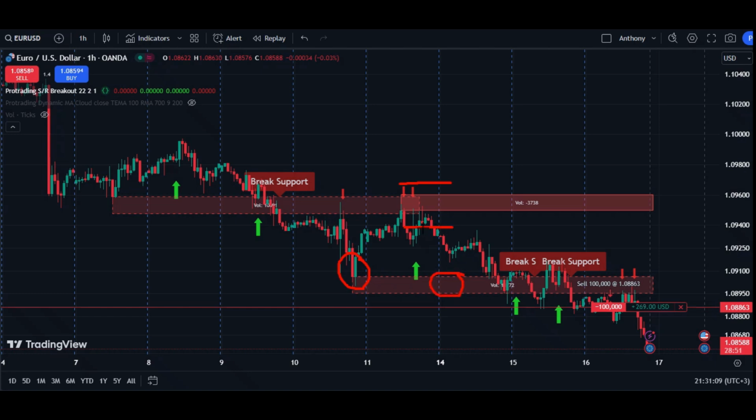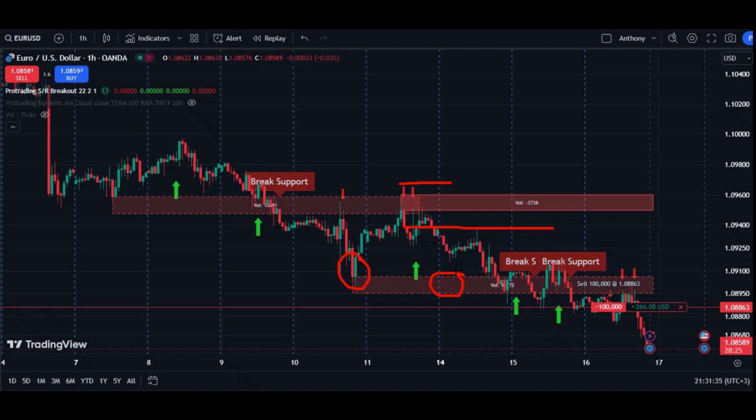When price hits this support, you can move your stop loss to break even. If you are using that option, you just move your stop loss to break even in order to be safe in the market. Then monitor the trade.